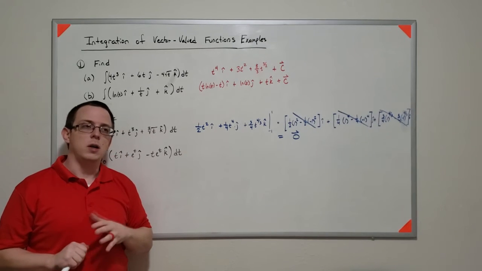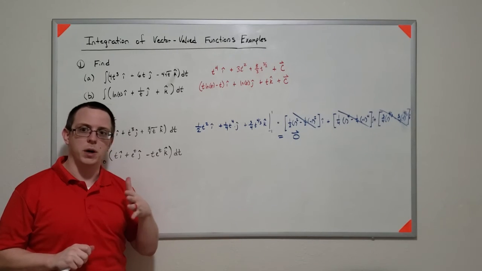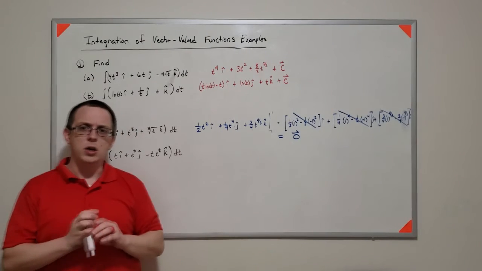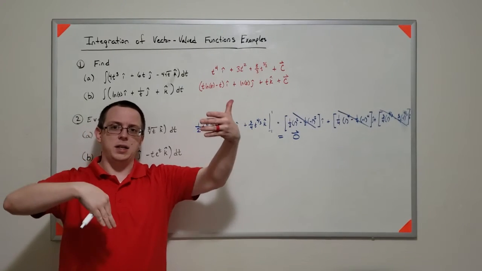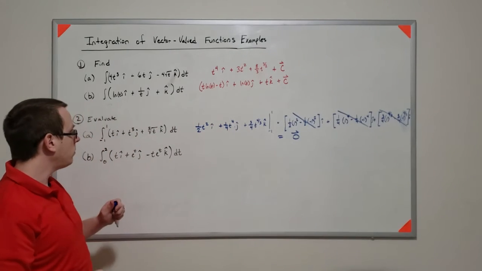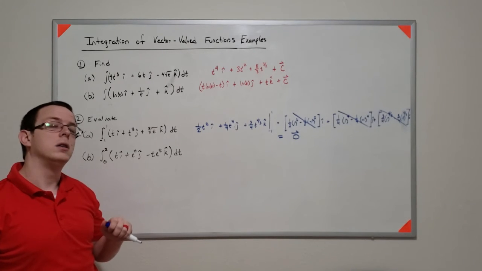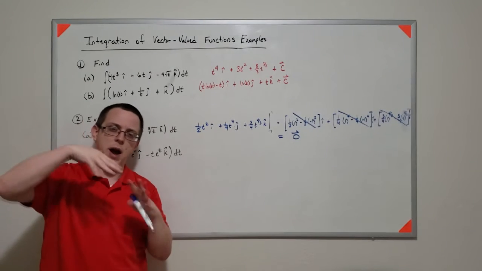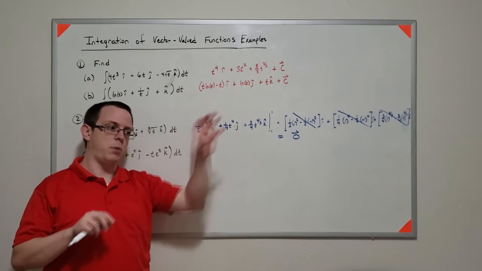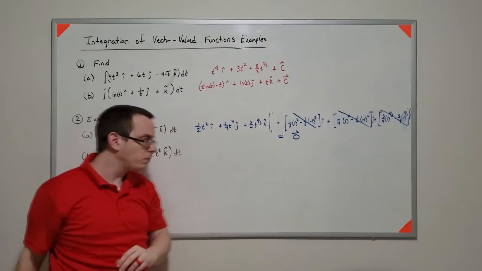For example, sine of x is an odd function, but cosine of x is an even function. But the idea is when it crosses through the origin, positive values and negative values look like reflections of one another.